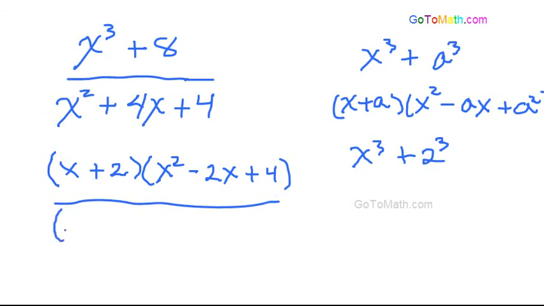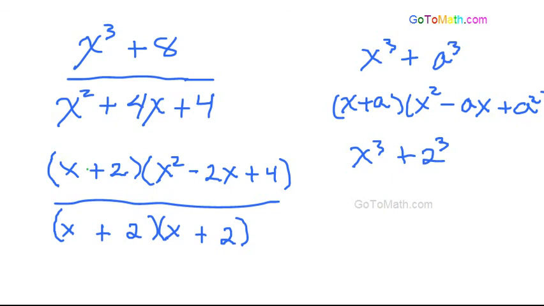So let's take a look at this. You should be getting good at this by now. Two numbers that multiply together give us 4, and when we add them, we get 4. And both these are plus, so we know that this is going to be a plus, and that'll be a plus. More likely it's going to be 2, right? 2 times 2 is 4, and then when we add them, we get 4.